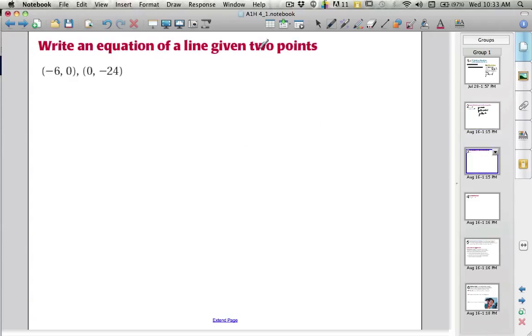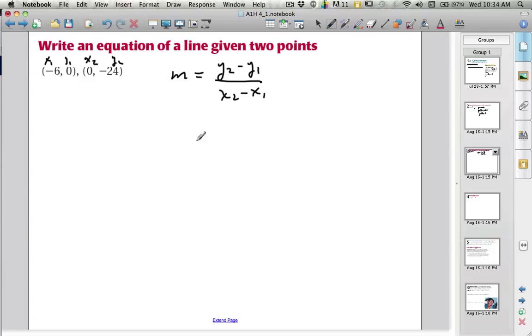Okay, if I want to look at this with 2 points, this is a little more complicated because I don't know the slope, and I don't immediately necessarily know the y-intercept. Okay, but I do know that I can calculate the slope, and it's the change in y divided by the change in x. So let's call this x2, and that's y2, and this is x1 and y1.